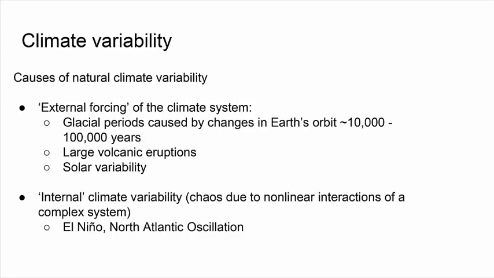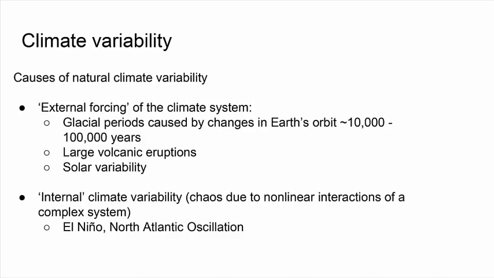What's also considered external, even though it's actually in the climate system, in Earth, are large volcanic eruptions. Eruptions from volcanoes will send sulfur dioxide up into the atmosphere that will condense onto particles, and you can think of these as little mirrors in the atmosphere that will reflect radiation back.